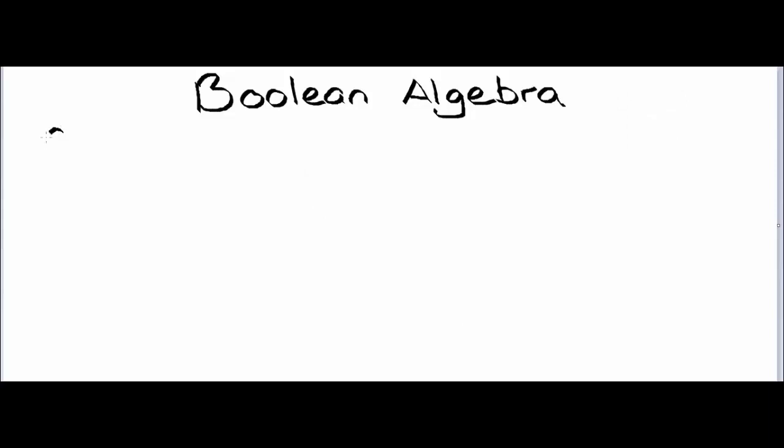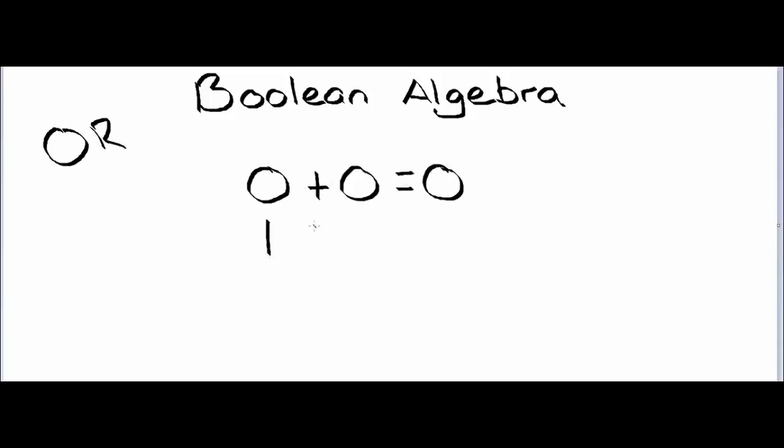Okay, using that method we can start to create some rules. So if we go back to the OR logical operator, we know that 0 plus 0 equals 0. And if we have 1 plus 0, then that's going to equal 1, and vice versa. And if we have 1 plus 1, then again that equals 1, because something plus something is something. So we can start to create some algebraic rules.